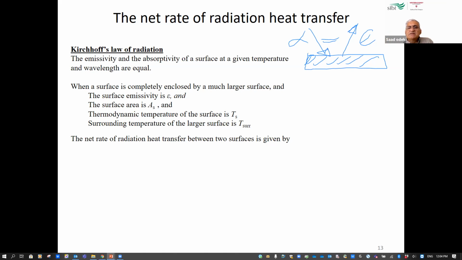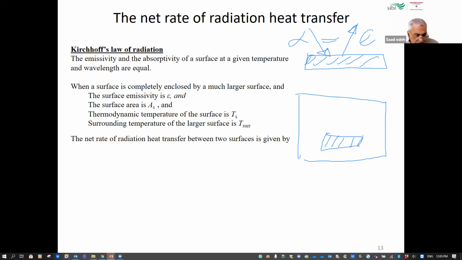So if at a given temperature and wavelength, they are equal. And when a surface is completely enclosed by a much bigger surface, for example, if I put a hot plate inside a big room, so this is a hot plate inside a room, then the amount of heat released from this plate will follow Kirchhoff's law if we know the surface emissivity.